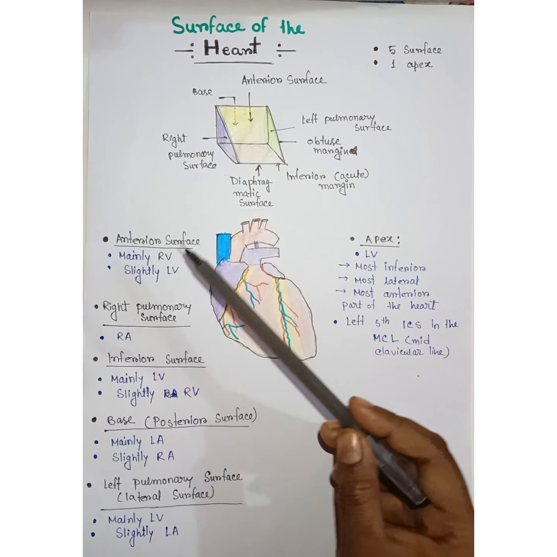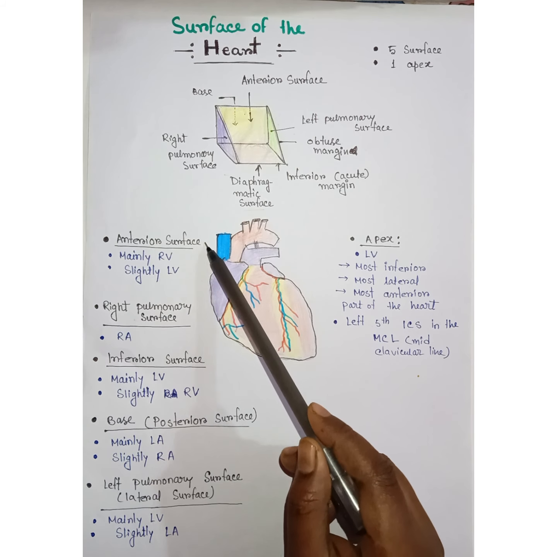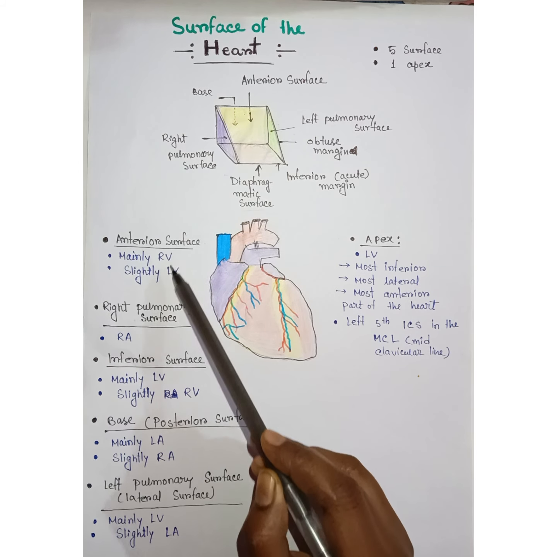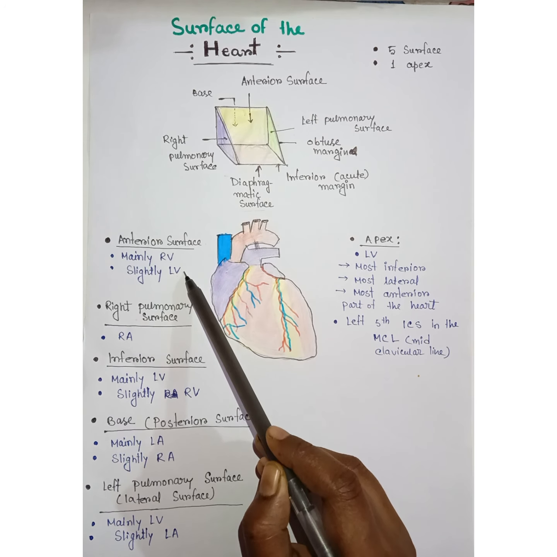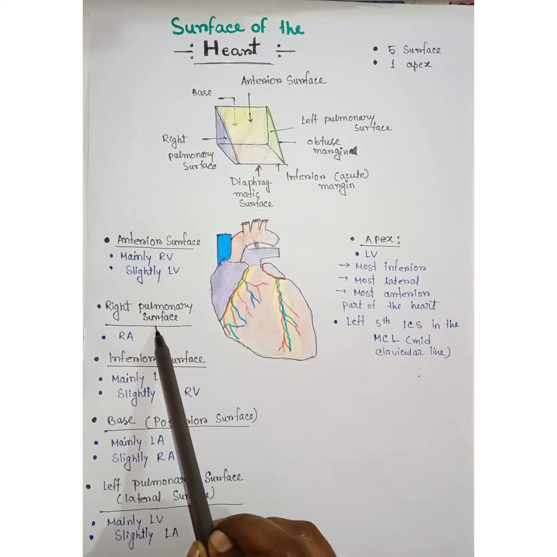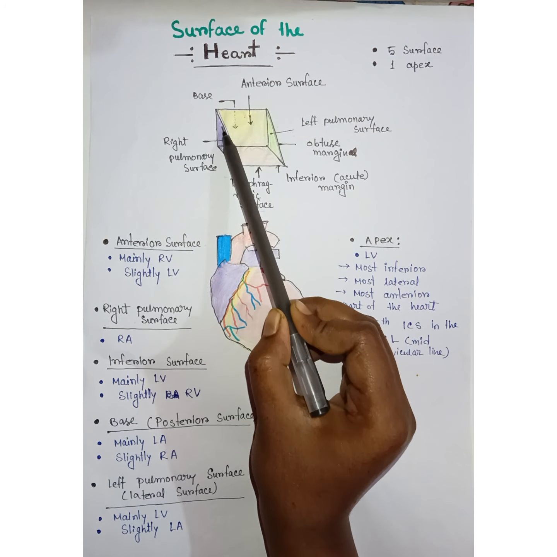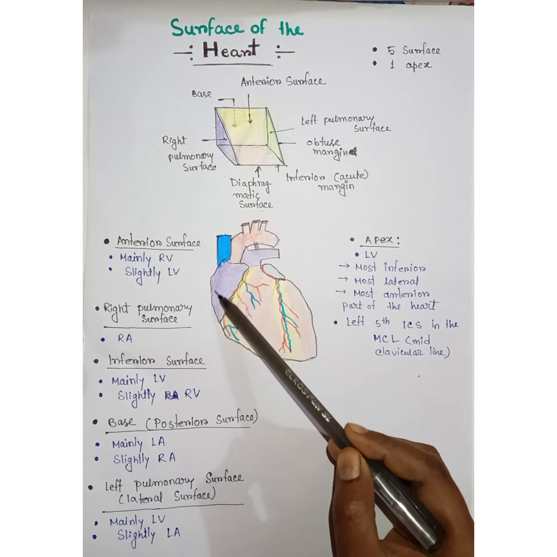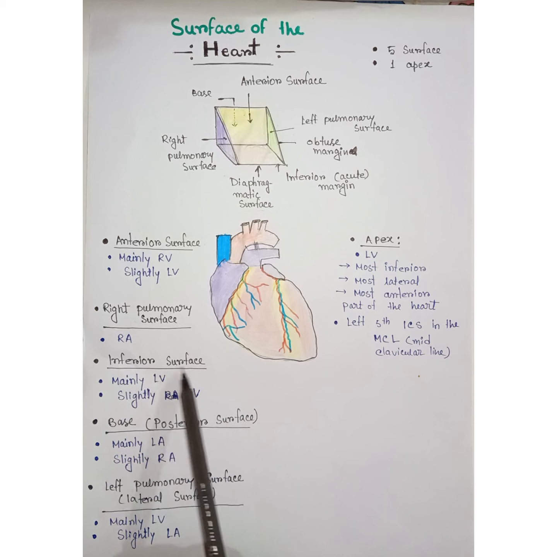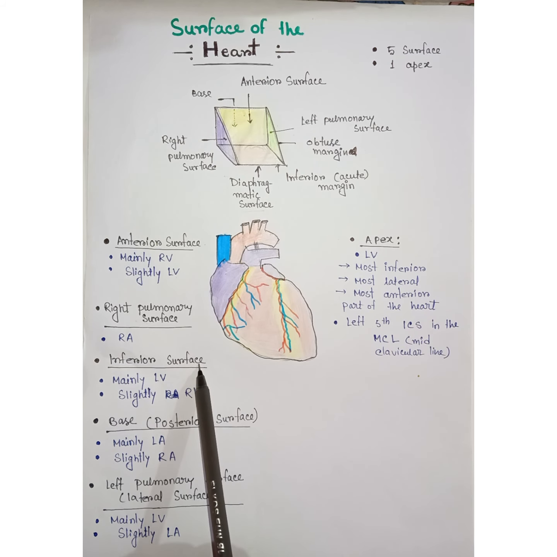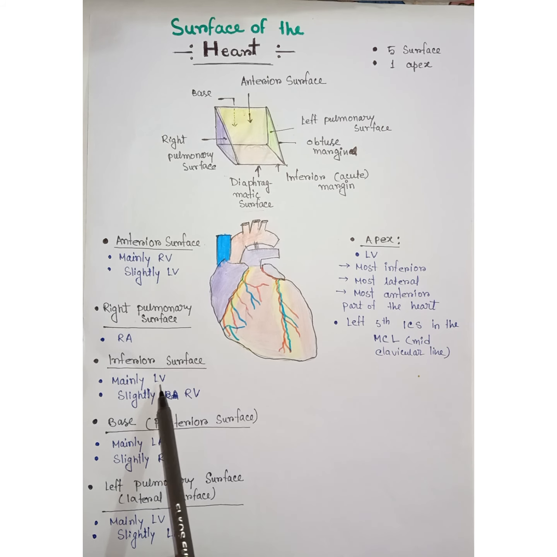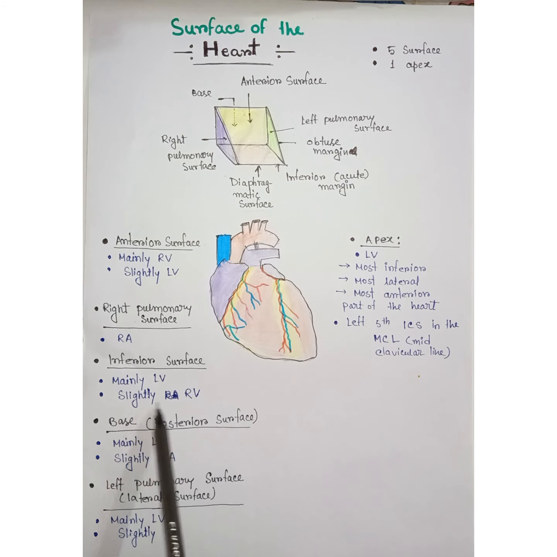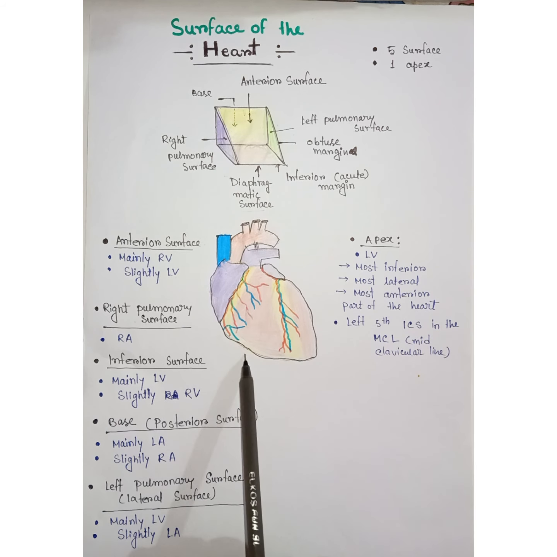Other surfaces of the heart. The anterior surface is mainly formed by the right ventricle and slightly the left ventricle. The right pulmonary surface is mainly formed by the right atrium. The inferior surface is mainly the left ventricle and slightly the right ventricle.